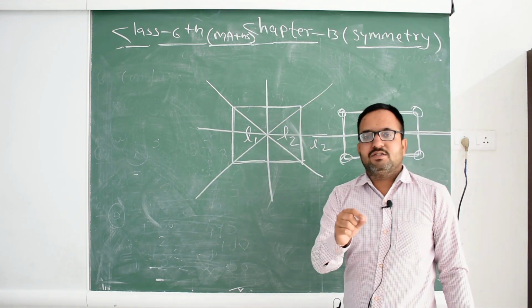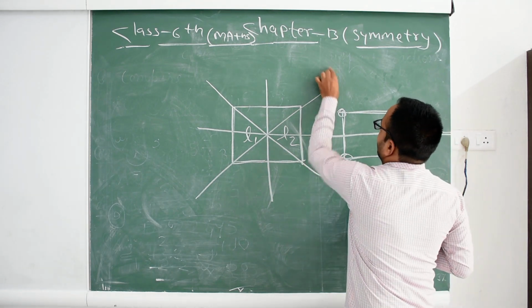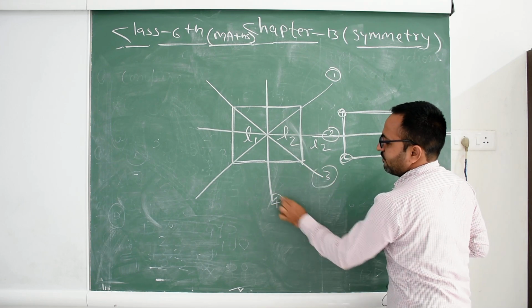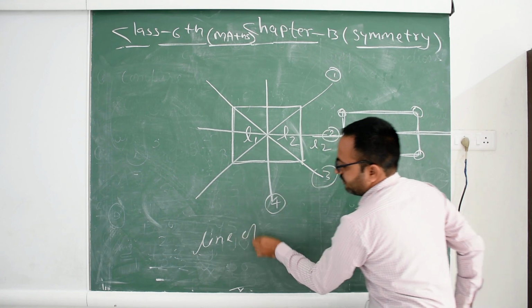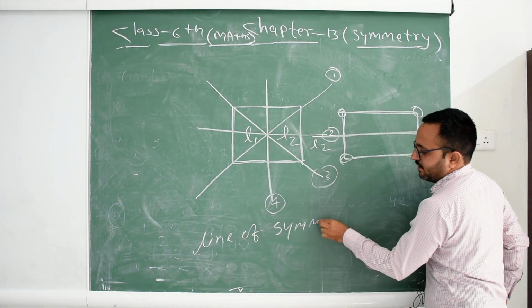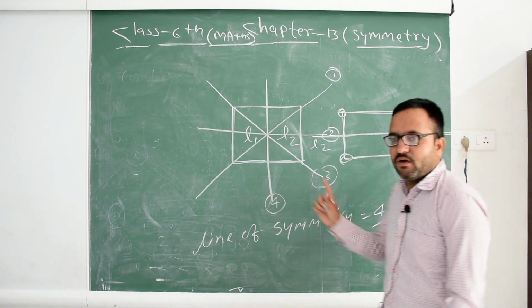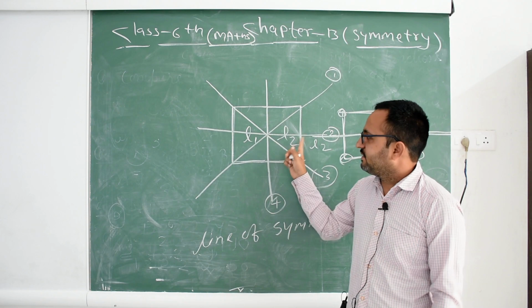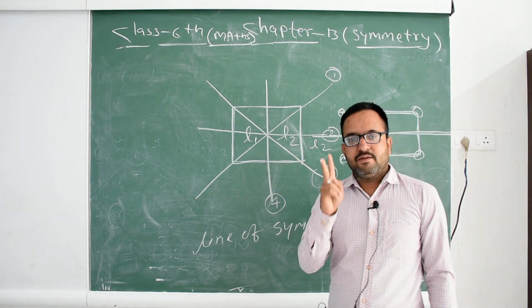So how many lines of symmetry can we draw in a square? 1, 2, 3 and 4. Lines of symmetry equal 4. We draw 4 lines of symmetry in a square, and these divide the square into two equal parts.